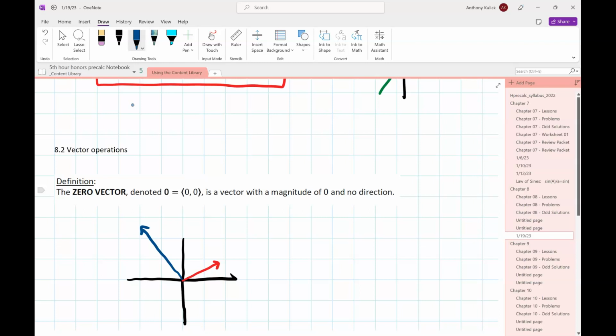What are we really doing? Well, I'm going to take the tail of my blue vector and translate it so that the tail of my blue vector is at the head of the red vector. Everybody's okay with that?